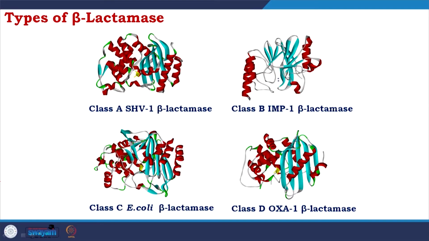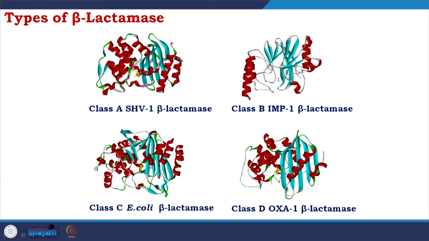So, there are different types of beta-lactamases. They are included into class A, B, C and D, and I have given representatives: in class A, SHV-1 beta-lactamase, in class B, IMP beta-lactamase, in class C, the E. coli beta-lactamase, and in class D, the OXA beta-lactamase.